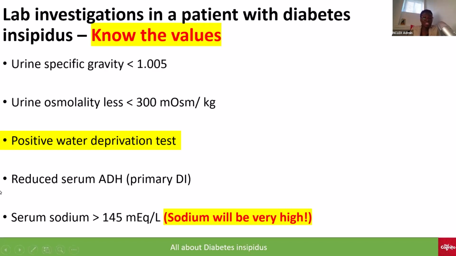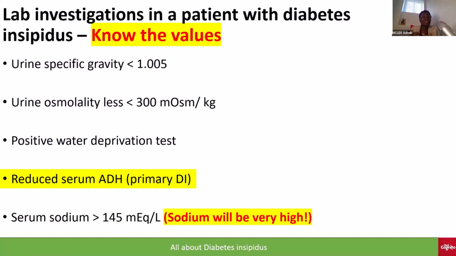And as we already said, there will be reduced ADH production. That will be in the case of primary diabetes insipidus, where the problem is coming from the brain, the top center, the main center. There's an issue with the posterior pituitary, and so there will be decreased ADH production.